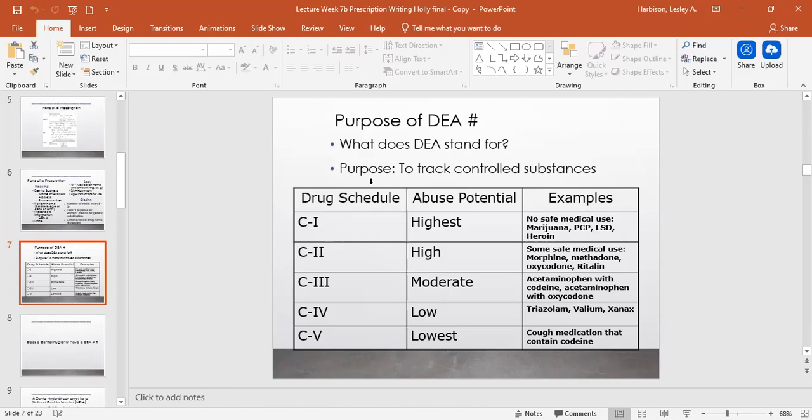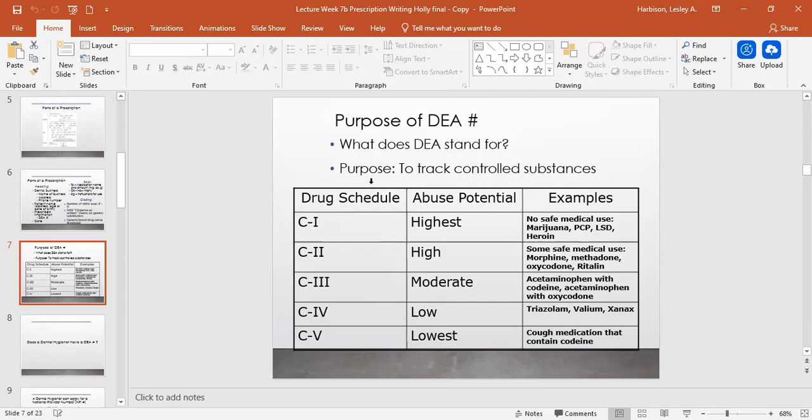So the DEA are the ones that are supposed to be in charge of ensuring that there's not a ton of drugs coming into the country, or that there's not dentists or doctors prescribing far beyond what they should be prescribing or just prescribing inappropriately.